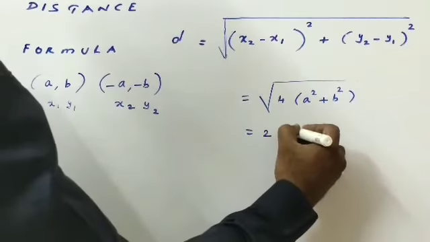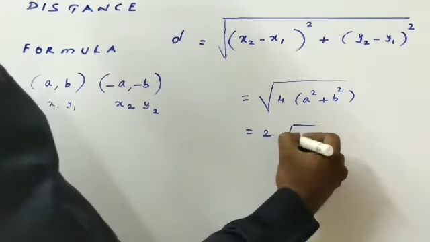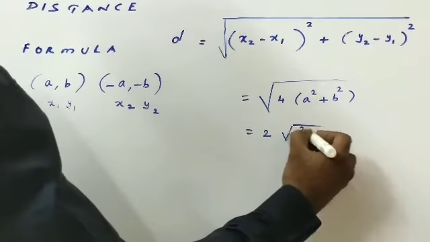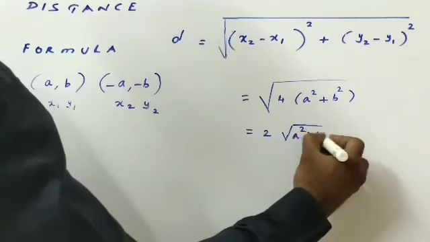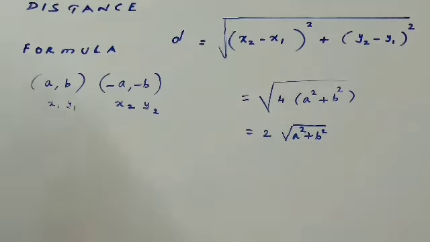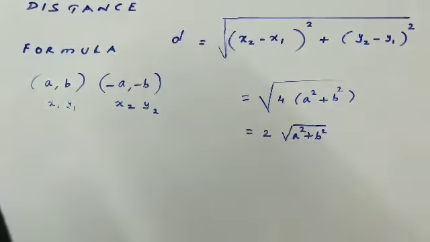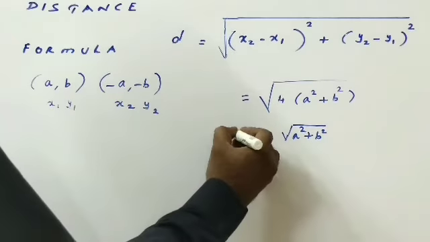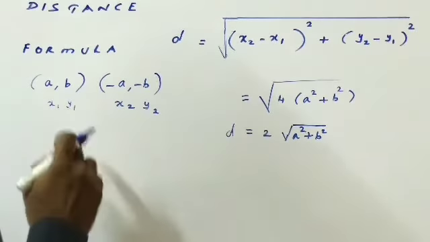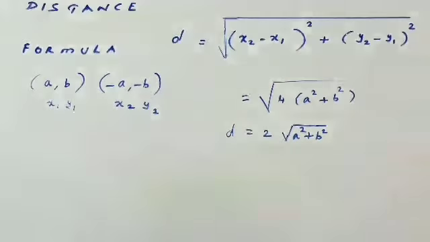We can't take a square plus b square out of the root, so write it as it is. So the final answer is 2 into the square root of (a square plus b square). The distance between the points (a, b) and (minus a, minus b) is 2 into root of a square plus b square.